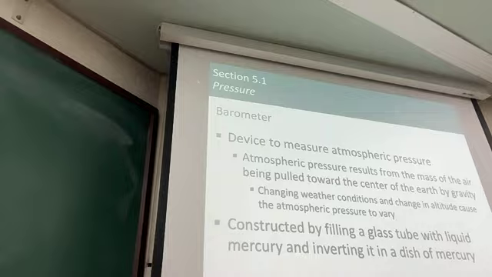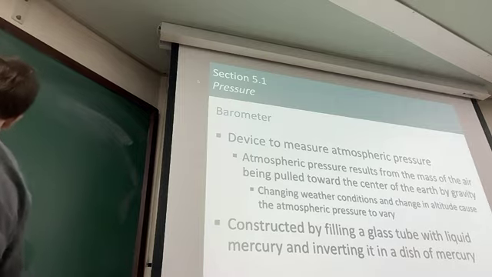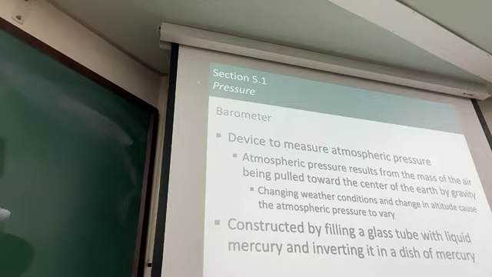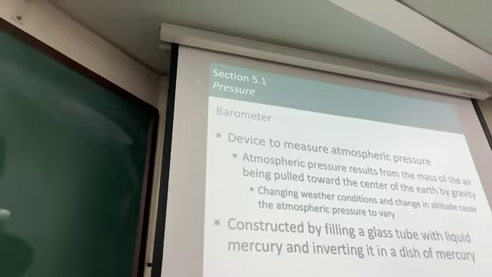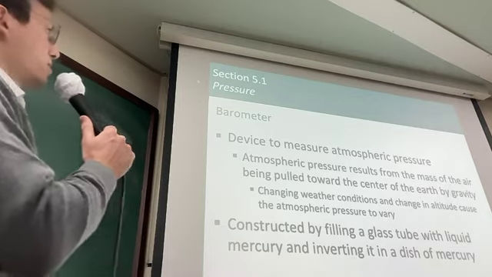We will realize during this lecture that pressure has to do with molecules hitting a surface and exerting a certain amount of force on it. So this is what we will find out during the lecture. These molecules are moving around, they hit the surface, and then they exert a force on the container. This is essentially what pressure is.